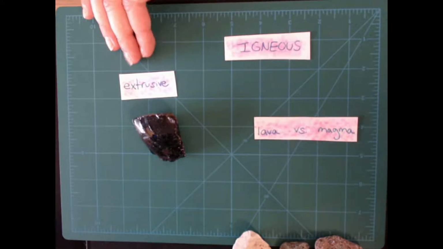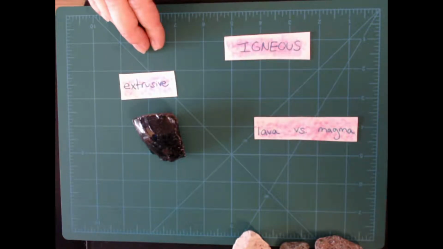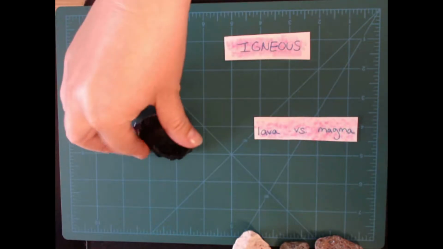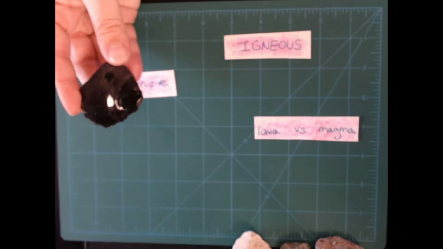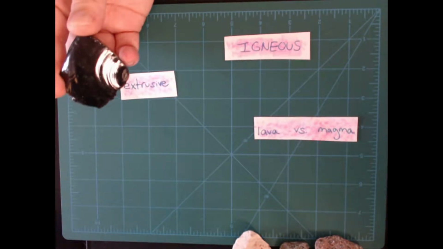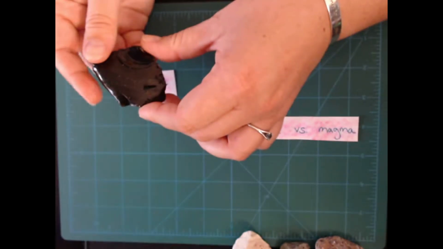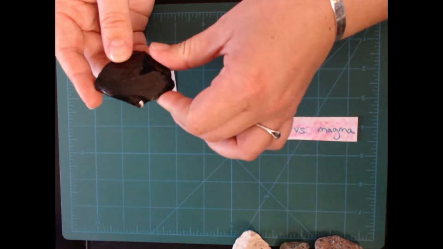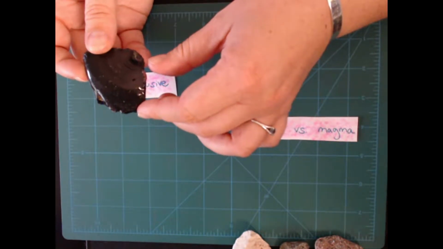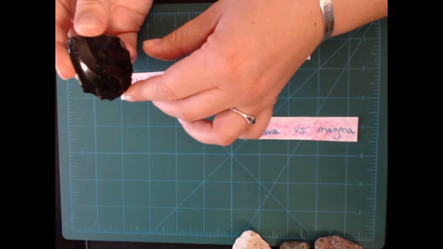It has been extruded or erupted out onto the surface of the earth. And what gives it this nice glossy texture is that it cooled very quickly. Think about a liquid substance when it gets put out onto the surface of the earth. It's going to be exposed to water and to air, and all that water and air is going to make it cool very fast.